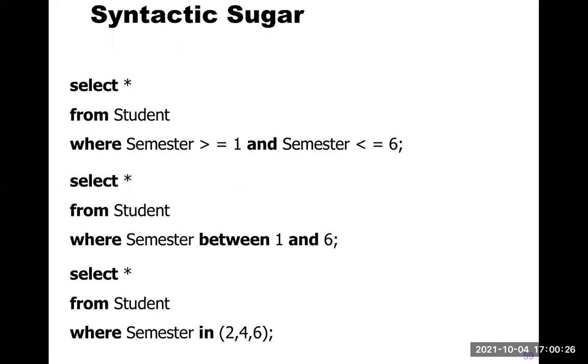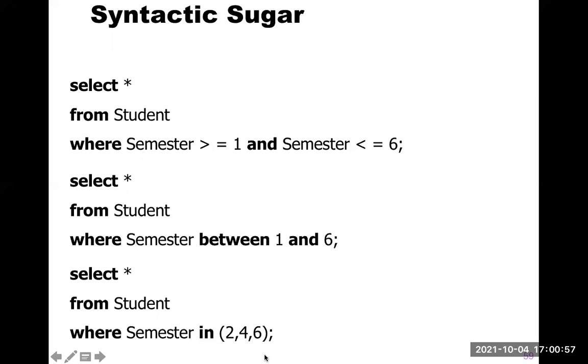And some other syntactic sugar. I may write semester greater than 1 and lesser or equal to 6. I may change it, not repeating the column name, and say semester BETWEEN this and that, including both ends. Or I may use semester IN and a list.